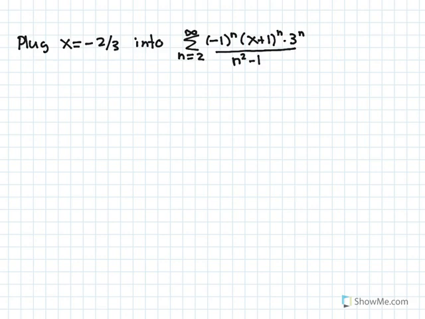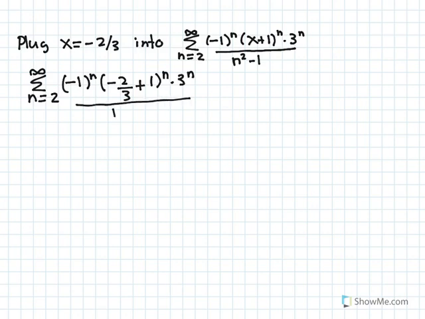So we obtain summation n equals 2 to infinity of negative 1 to the power of n times negative 2/3, plugging x equals negative 2/3, plus 1 to the power of n times 3 to the n divided by n squared minus 1.